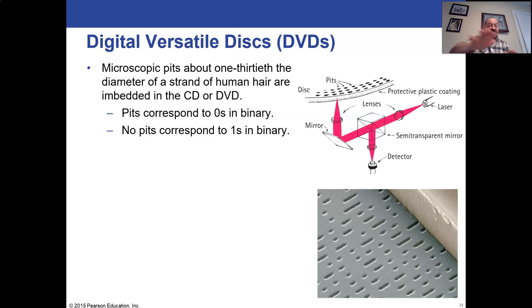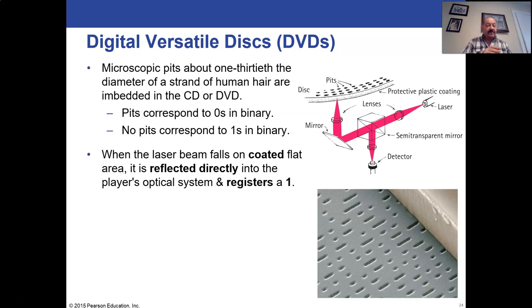So the surface of the disk is coated with some reflecting material that when a laser hits it, it'll reflect back, and the device will go, oh, I see the laser I just shined. We'll call that a 1. I got the reflection. It's positive. It's a 1.